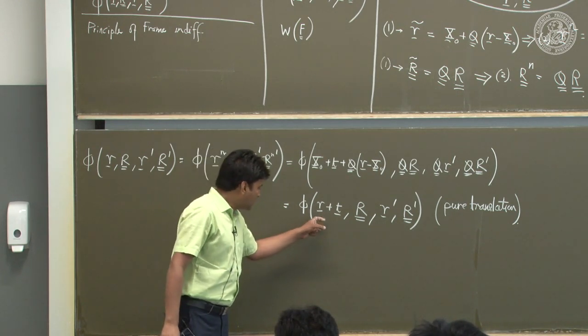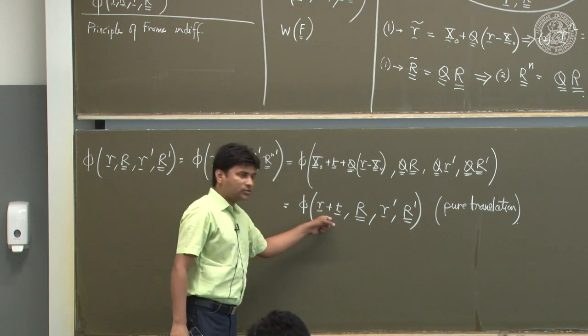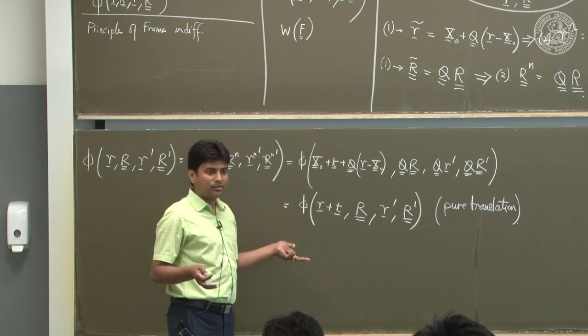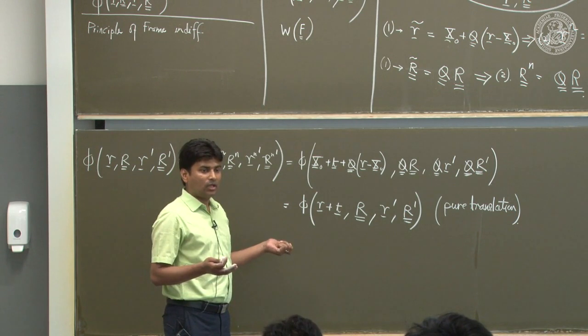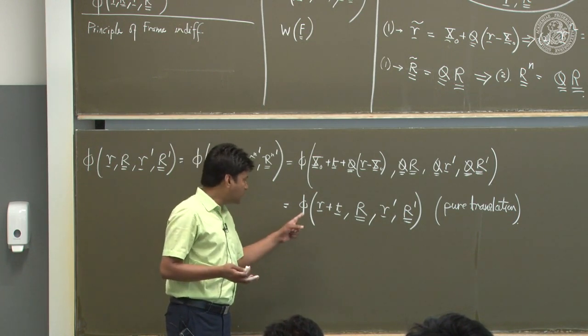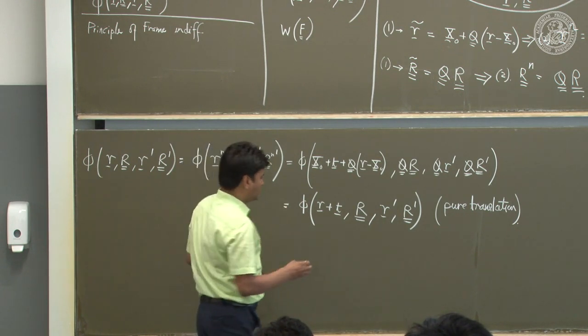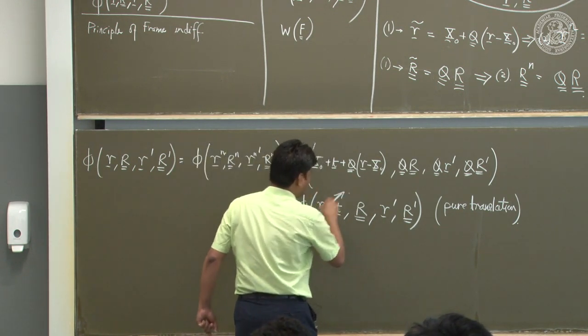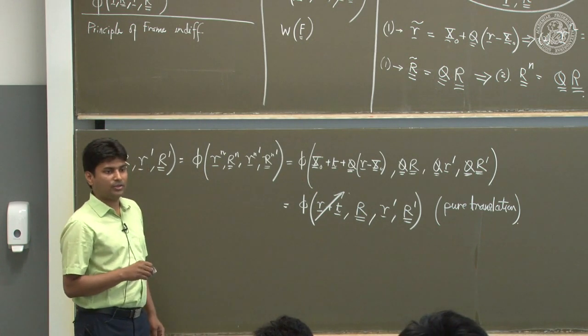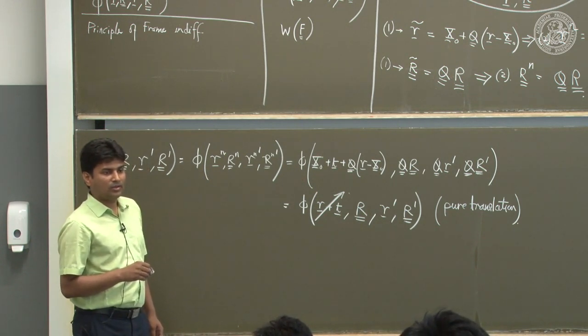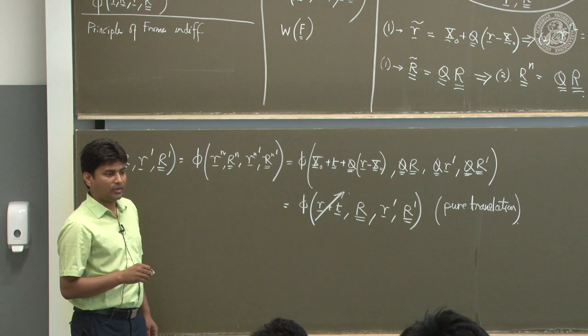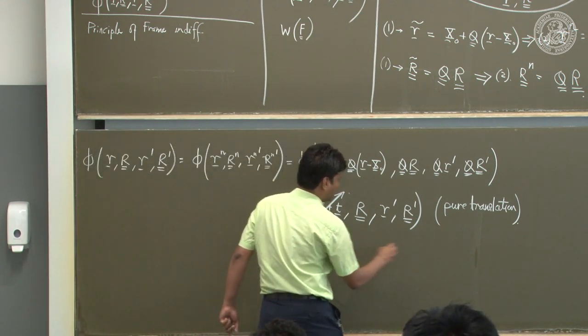Because you take this first argument, you make this first argument anything, energy still remains the same. When can that happen? The function must be independent of the first argument. So we then get rid of this, because T is arbitrary.